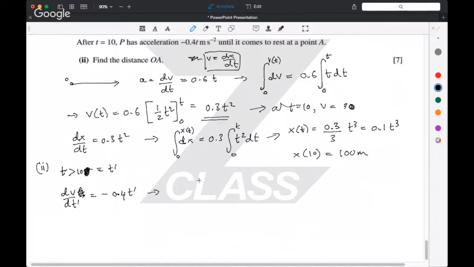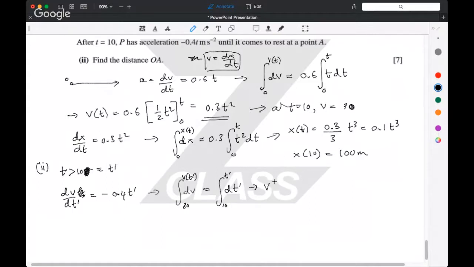So here I'm again going to separate variables, and I'm going to integrate dv from the velocity at 10 seconds, which was 30, to some velocity at a later time, which is equal to the integral over time from 10 seconds to that later time.